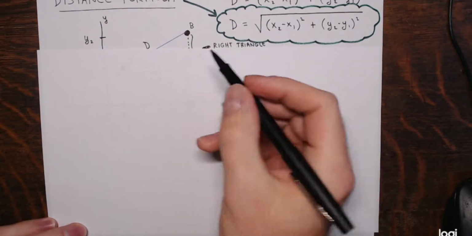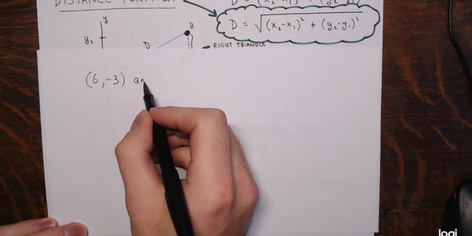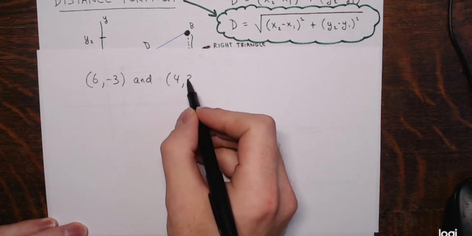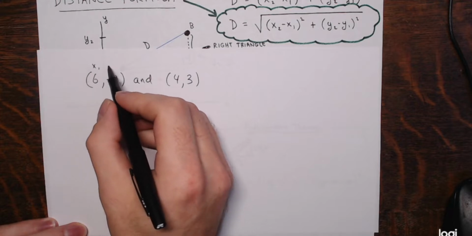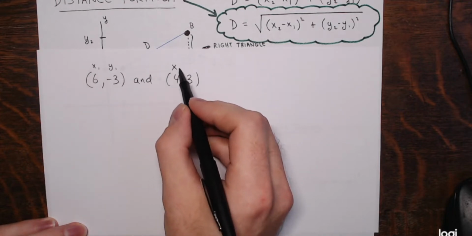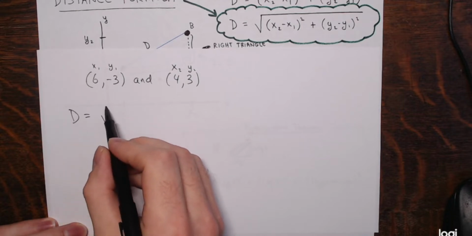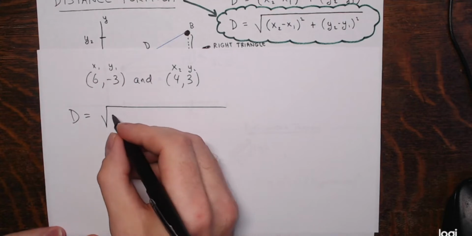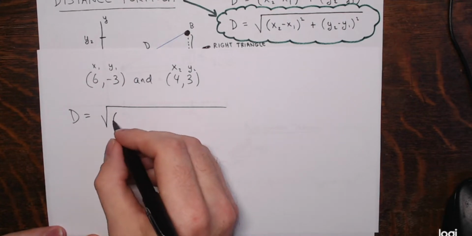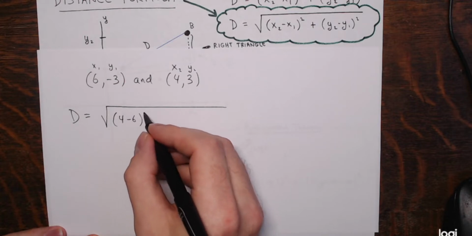The distance between 6, -3, and 4, 3. So again, if you want to label them, that's x1, y1. This is x2, y2. And I'll just jump to the formula. The distance between them will be this, again, a big square root, and then in parentheses I do x2 minus x1, 4 minus 6 squared.